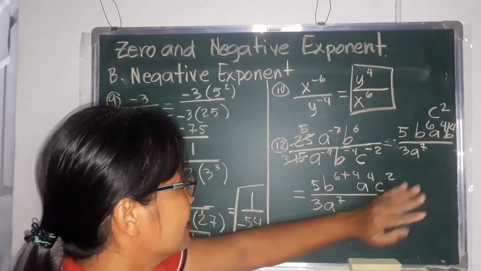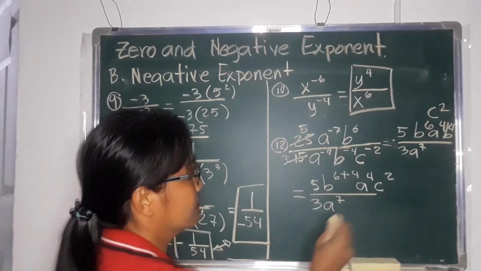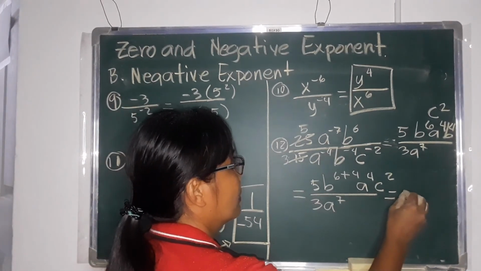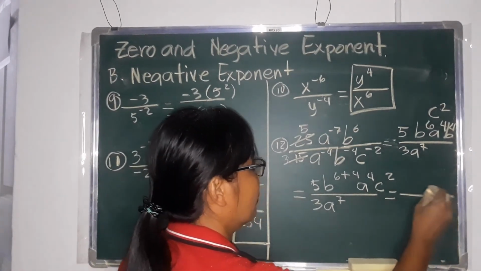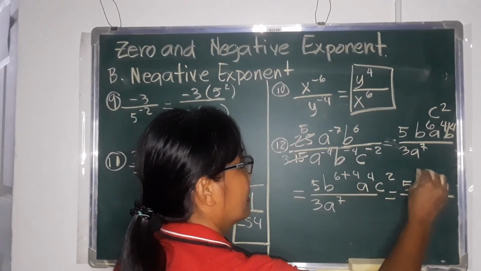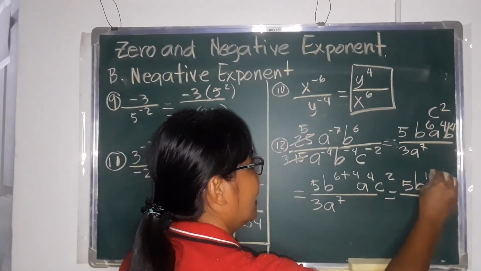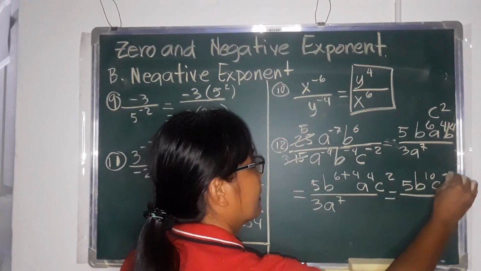Okay, so remember that we also have a to the 7 below. So the second rule of exponent, we're going to subtract. So we have here 5b, 6 plus 4, 10, and then c squared.